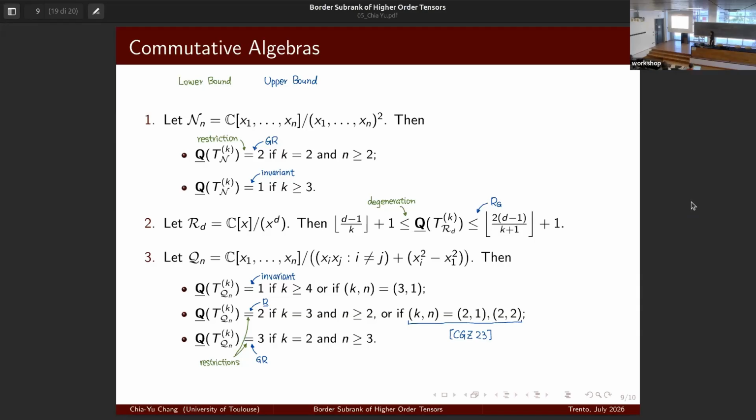Here we just get this by constructing a restriction to the size 2 unit tensor, and the upper bound here is by geometric rank. And this one is by using invariant theory, that for all tensors in the restriction, they are unstable, so we have this.